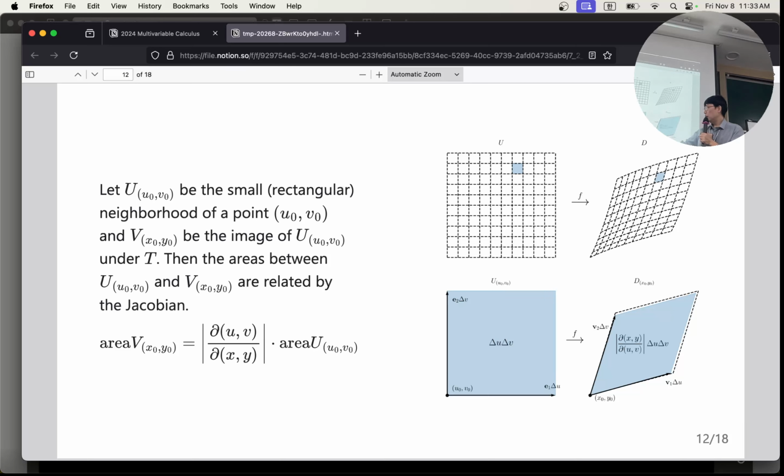So in some sense, you're taking the standard vector E1 multiplied by delta x, and the standard vector E2 multiplied by delta y. These two vectors are transformed by the differential of the transformation function.